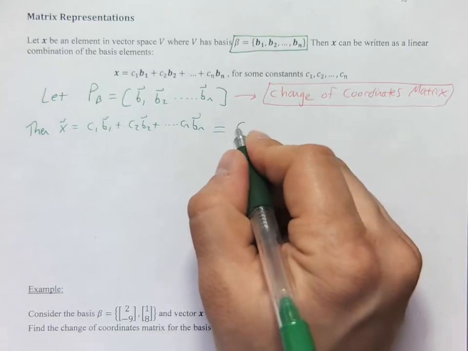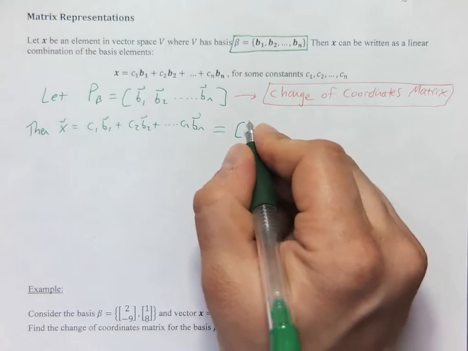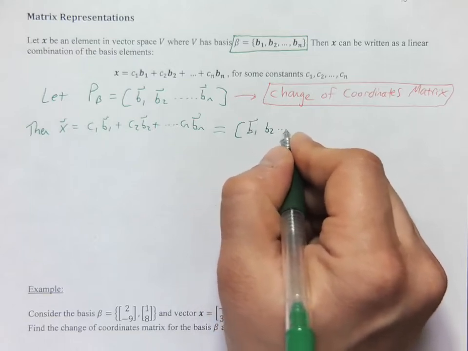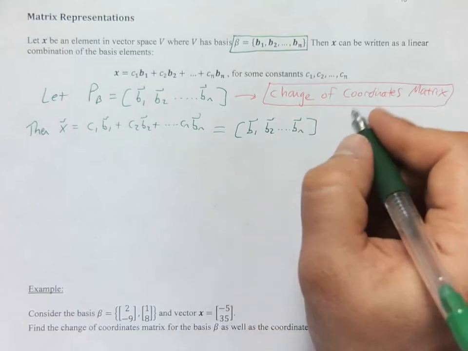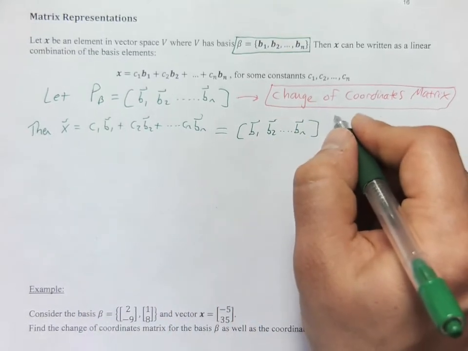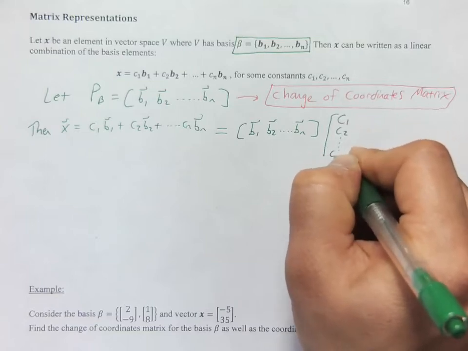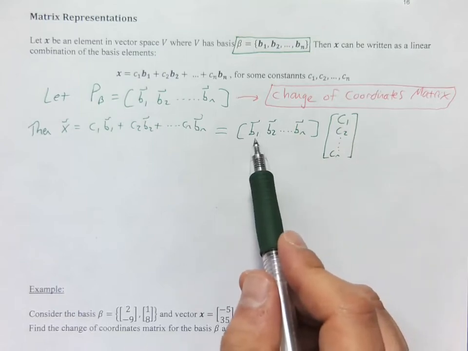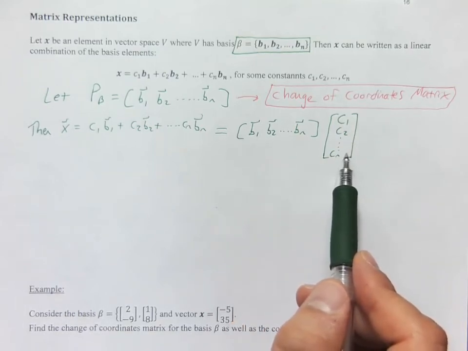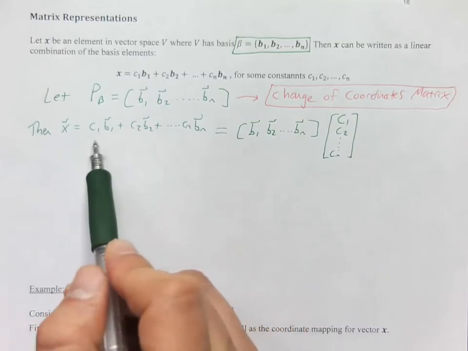It can be written as this row B1 through Bn multiplied by a column of C's. You've got a 1 by n times n by 1, so that's going to create a 1 by 1, which is going to be this value right there.